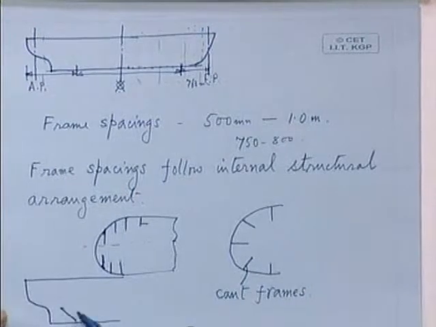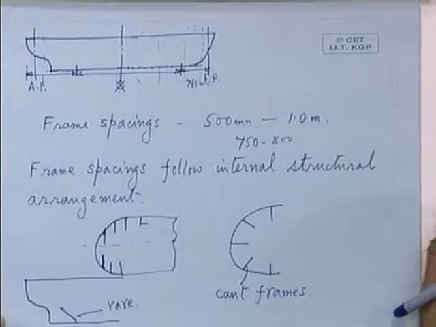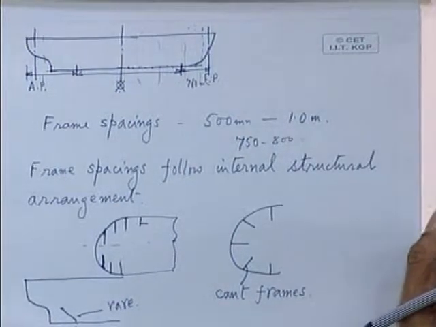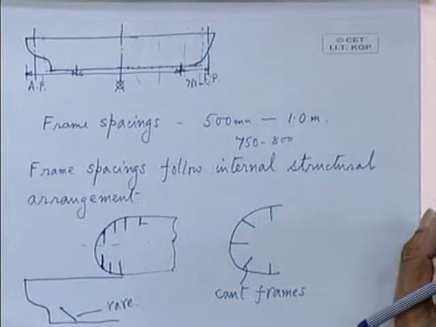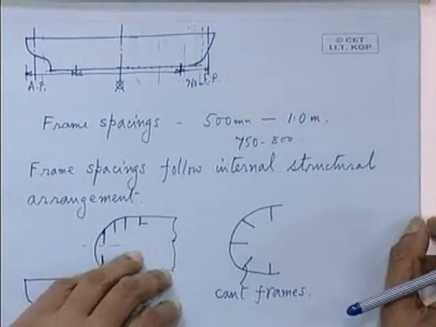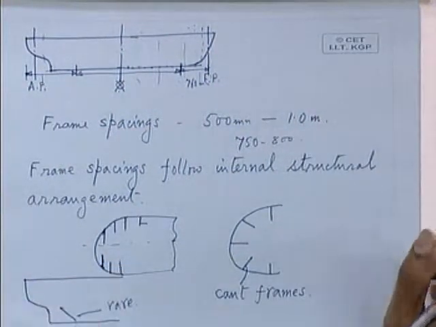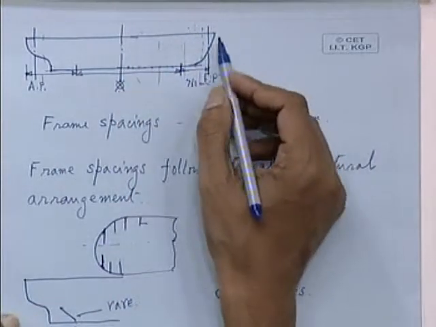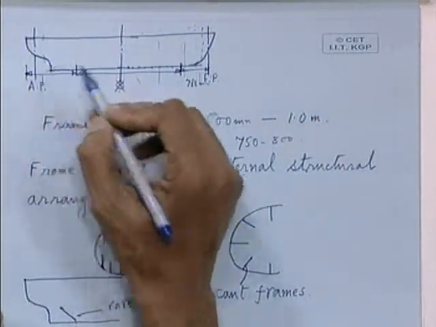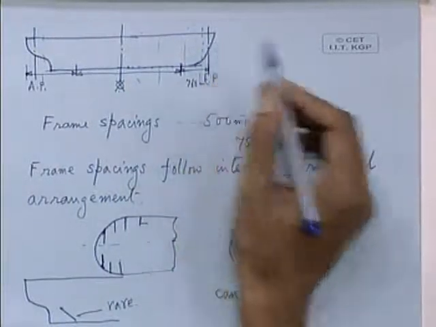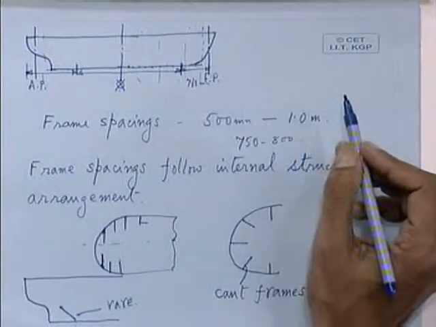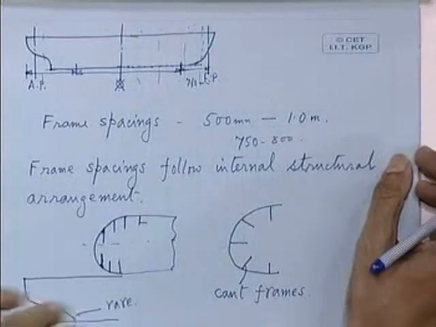But this is of course very rare, but if you look into certain ships, you will find that this slanted frame also exists. So that is because of the shape. In the forward region and in the aft region near the stern also, you will not find enough space for welding and other structural details.